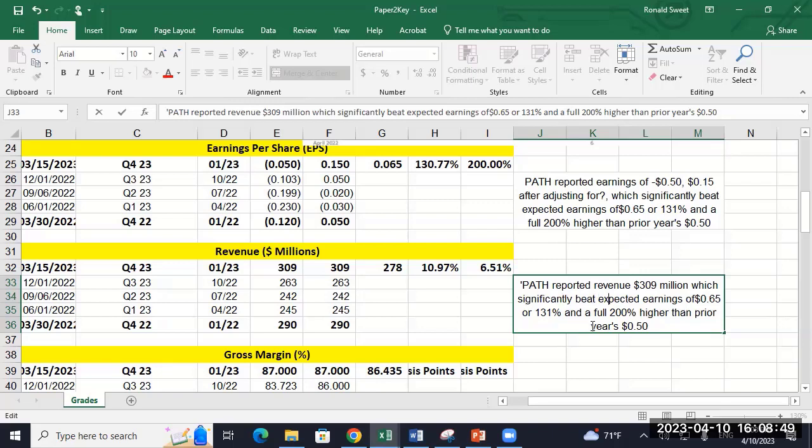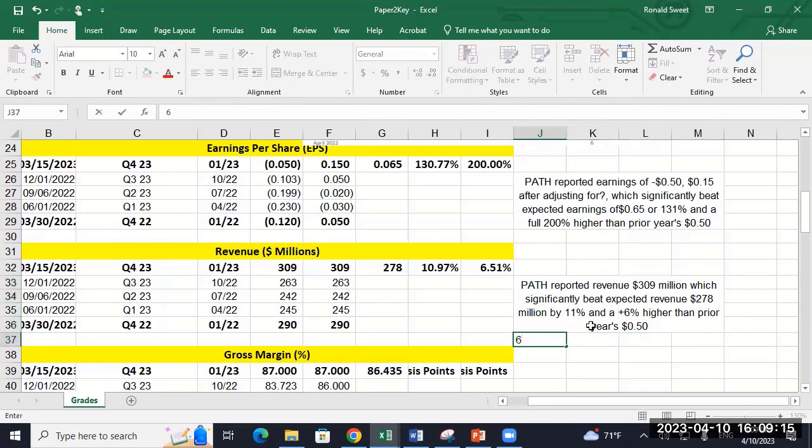Significant: beating expected revenue of 270 million by 11%, and 6.5%.